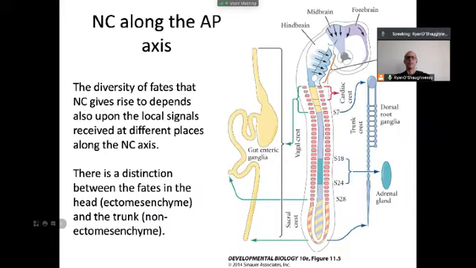And so we have all these diverse fates of neural crest cells, and this largely depends on the local signals that these neural crest cells receive in different parts of the body. And there's a clear distinction between the fates in the head, the ectomesenchymal fates, and the fates in the trunk, the non-ectomesenchyme.